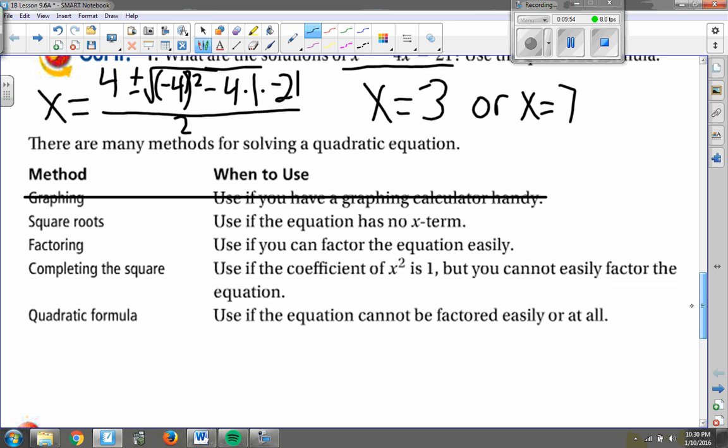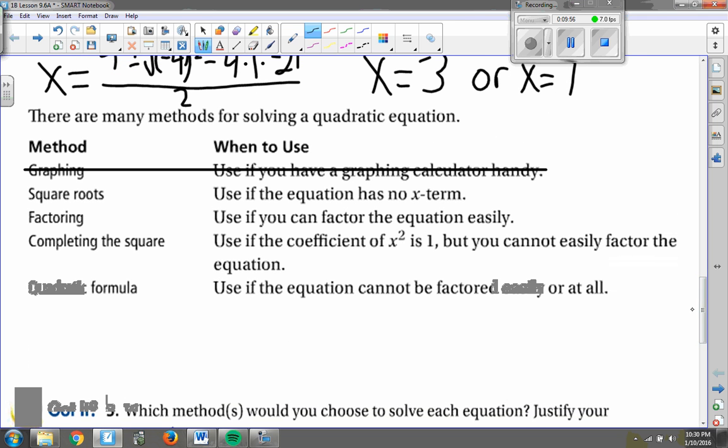Okay, so here's all of our methods. Graphing, square roots, factoring, completing the square and quadratic formula. You will notice that I have crossed out graphing because if I am asking you to find the solutions to a quadratic equation or solve one for x, graphing is probably going to be the worst option for you in many cases.